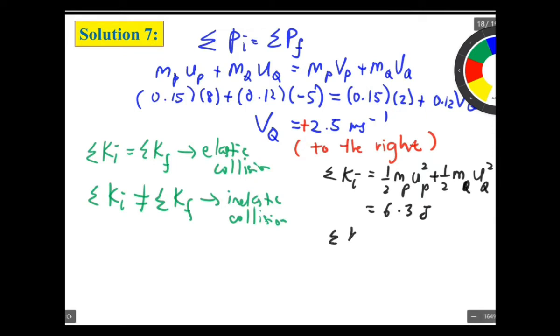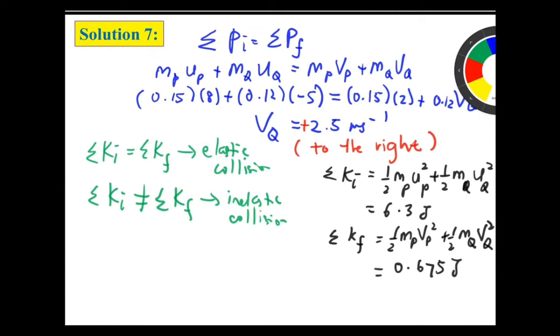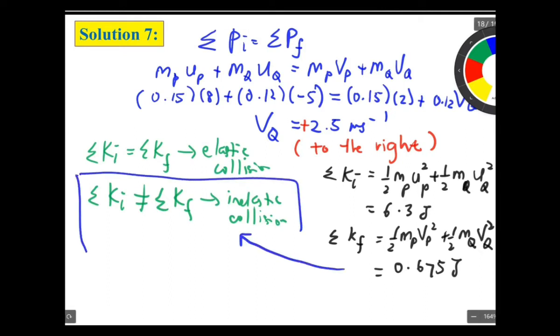Okay, kinetic energy final half MP VP square plus half MQ VQ square. So final kita akan dapat 0.675 joule. So kita akan put the collision is inelastic collision. Inelastic sebab tak sama. Buatlah 6.3 joule tak sama dengan 0.675 joule.